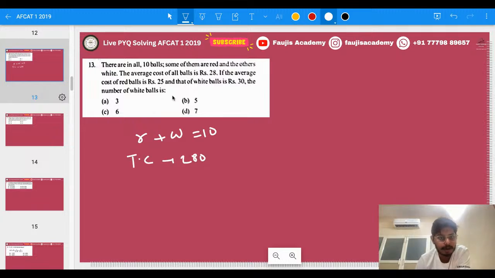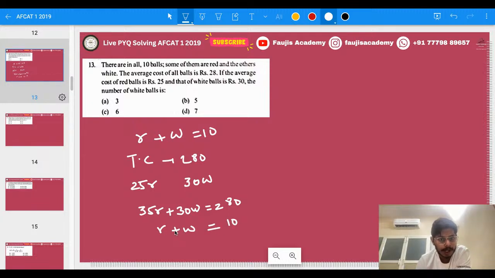If the average cost of red ball is 35, that means total cost of red balls is 35R, isn't it? And that of white balls is how much? 30W, right? That means 35R plus 30W is equal to how much? 280, isn't it? And we also know R plus W is equal to 10.